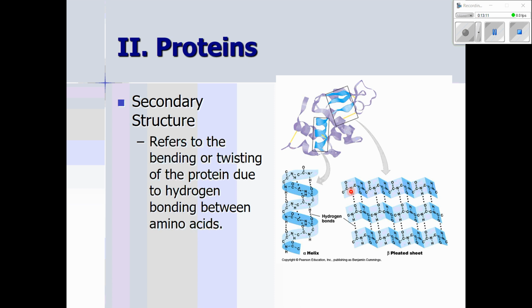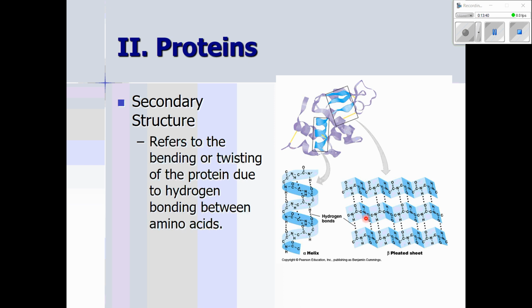And this happens simply because the R group of one amino acid is hydrogen bonding with the R group of another amino acid further down the line. We call this secondary structure. It's the bending or twisting of a protein due to hydrogen bonding between amino acids.